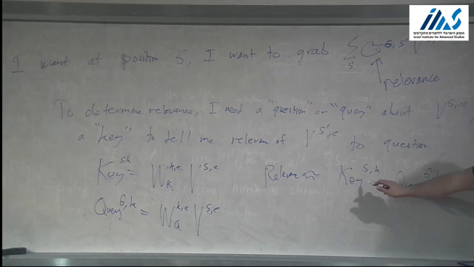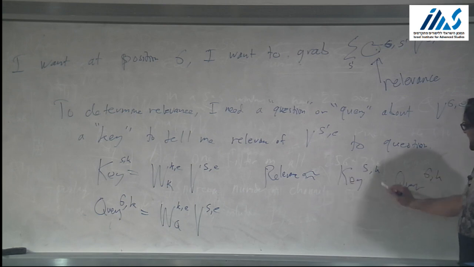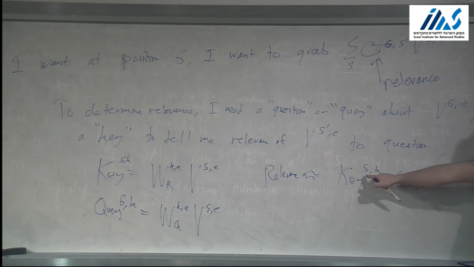So the inner product of the key vector in position s with the query vector in position 6 will tell me how relevant the word at position s is to the question I'm trying to ask about position 6.